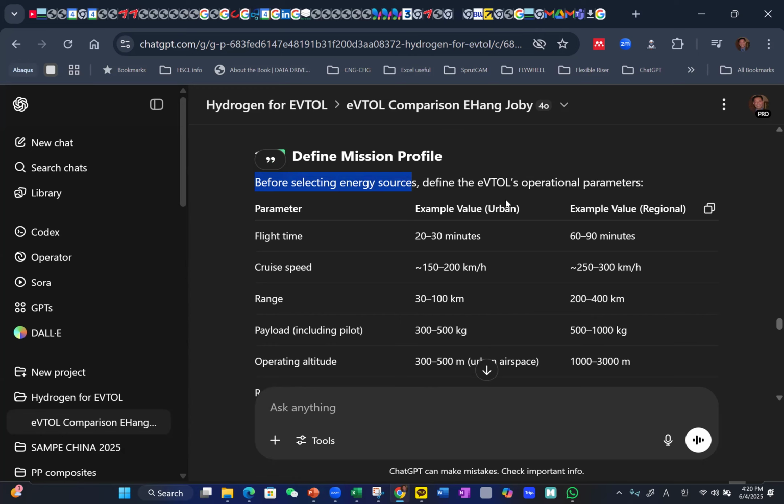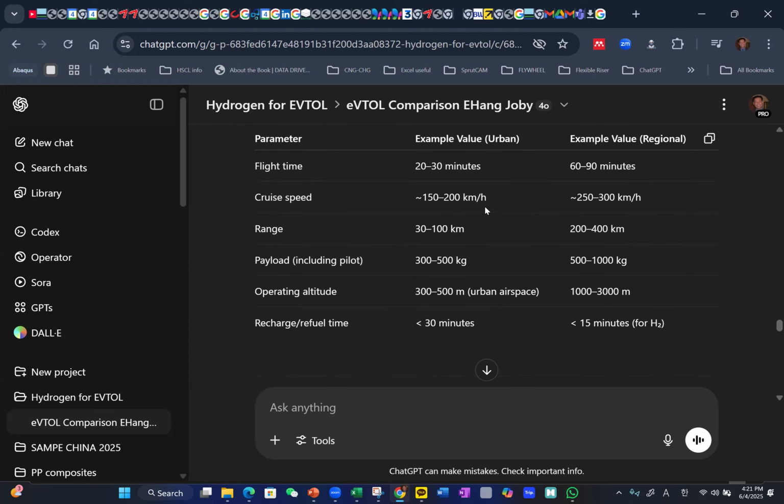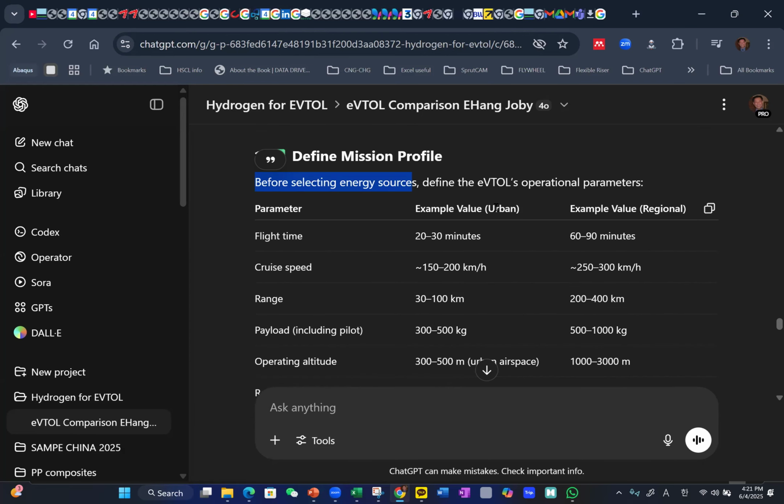Now you are assigned to design a new eVTOL and its power system. So first you need to define the characteristics. How long is the flight time? Is it 20 or 30 minutes, or 60 or 90 minutes? This is your own choice, depending on the application.